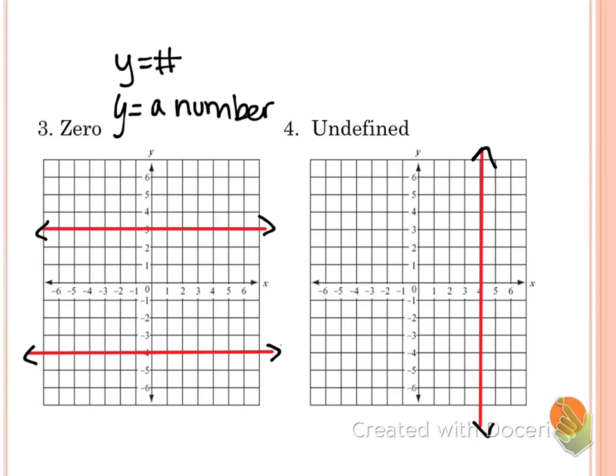And again, it doesn't matter where on the graph your vertical line is. It can still have an undefined slope there. These ones had the form x equals a number when we graphed them. x was always the same thing, and we got to change what y got to be.